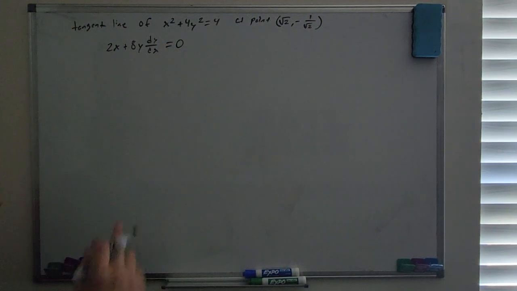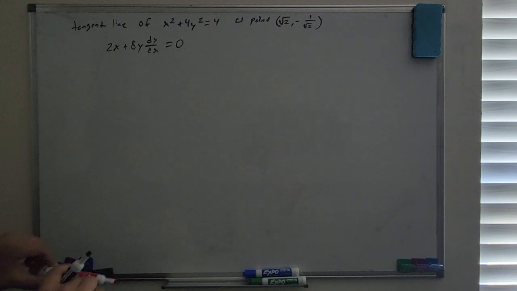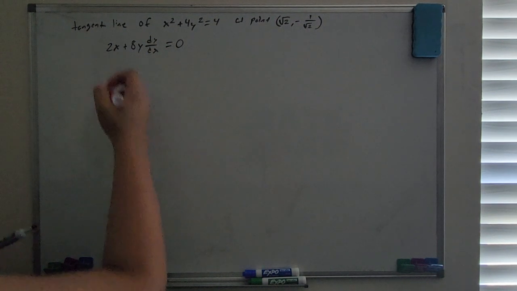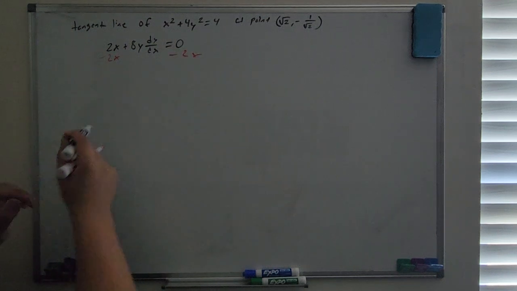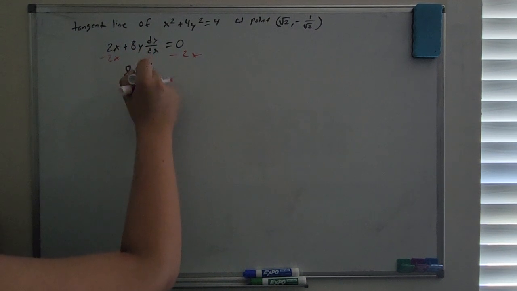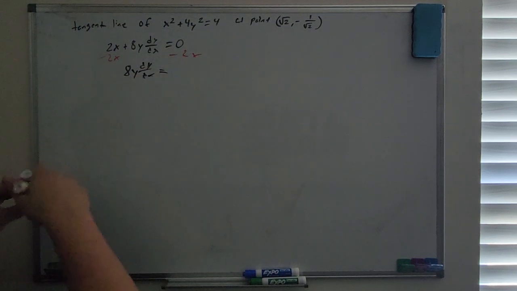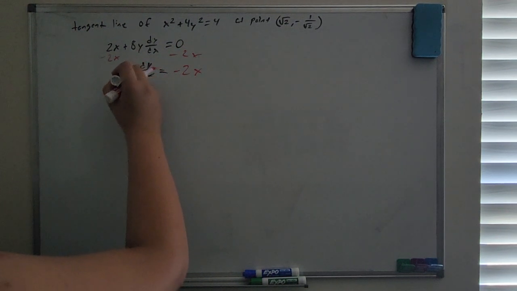So now we have to get dy/dx by itself. So we can subtract 2x, put it on this side, so we are left with 8y dy/dx equals negative 2x.